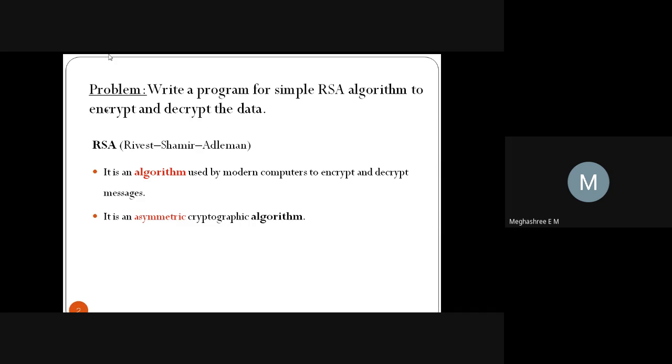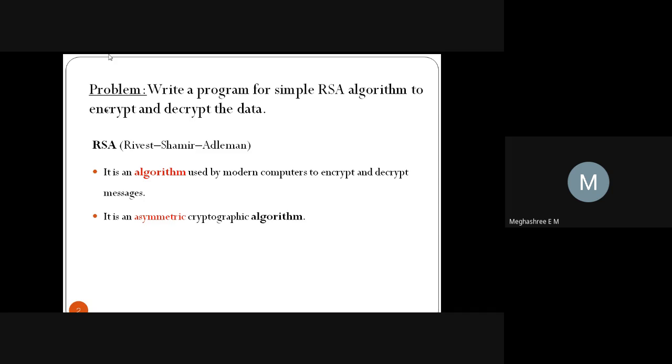There are two types of cryptographic algorithms: one, symmetric, and another, asymmetric, where RSA comes under the asymmetric cryptographic algorithm.